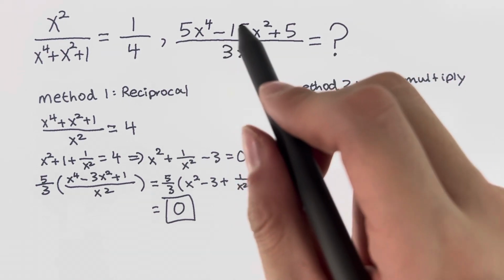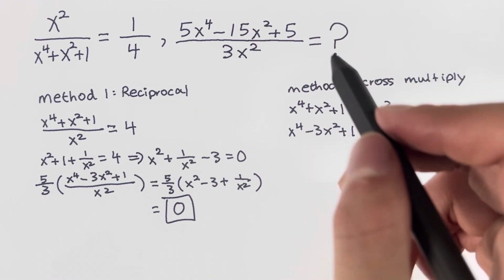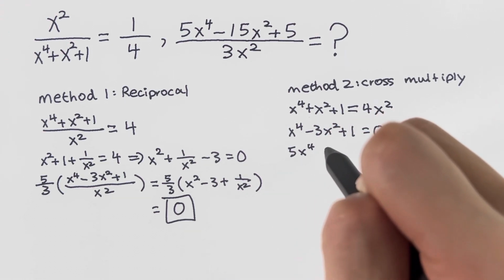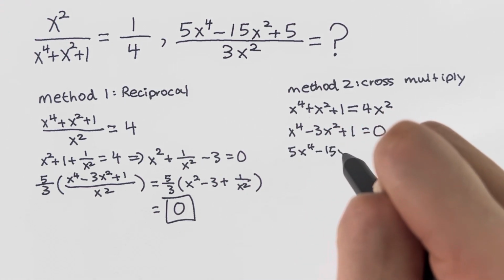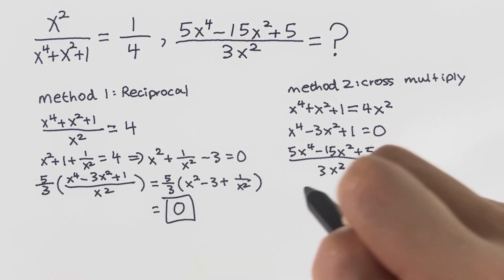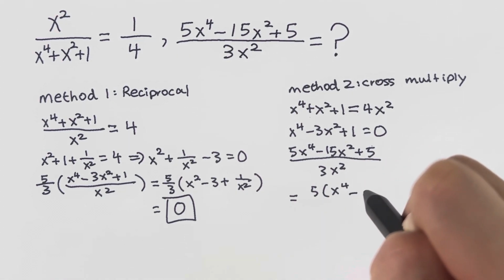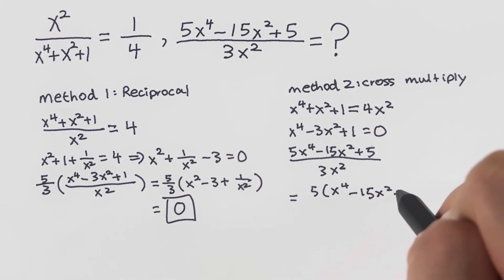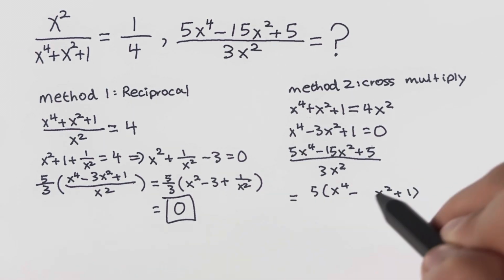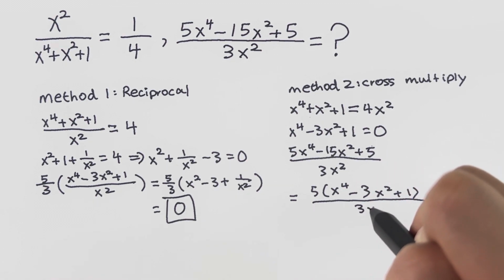Then compare this with 5 times x to the fourth power minus 15x squared plus 5. Well, that's just 5 times this. So 5 times x to the power of 4 minus 15x squared plus 5, divided by 3x squared, equals 5 times x to the fourth power minus 3x squared plus 1, divided by 3x squared.